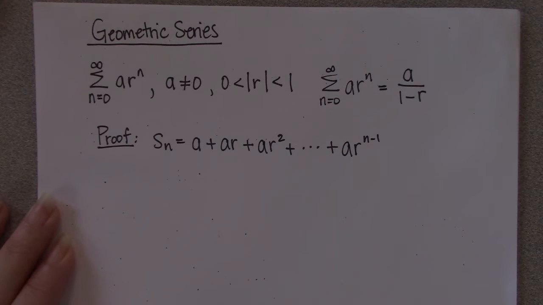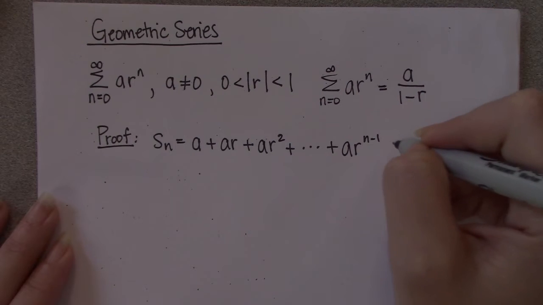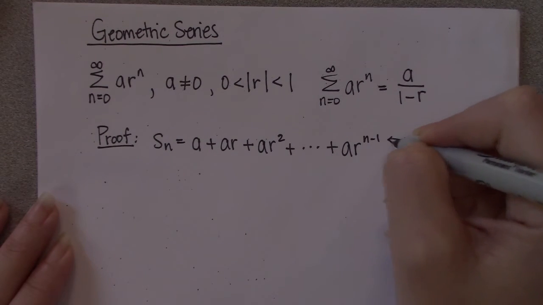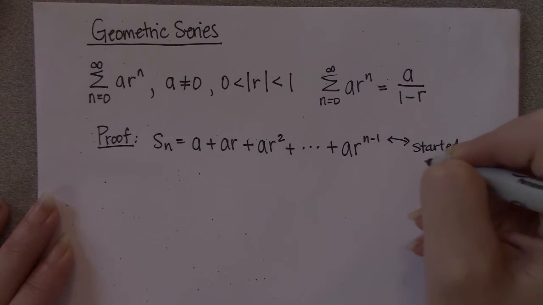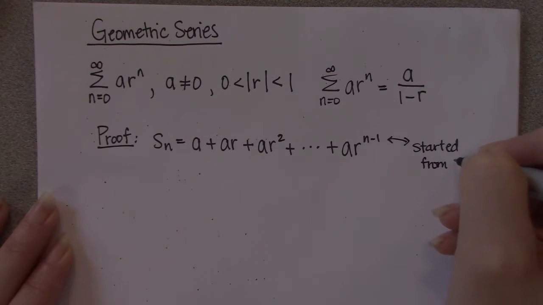Now, note on this, we started counting from 0. So the first term was r to the 0, and that's why you just get 1, or a out, right? Or just whatever the coefficient was. So this power right here, some of you may have thought, well, it should be n. It's 1 back because we started from 0.